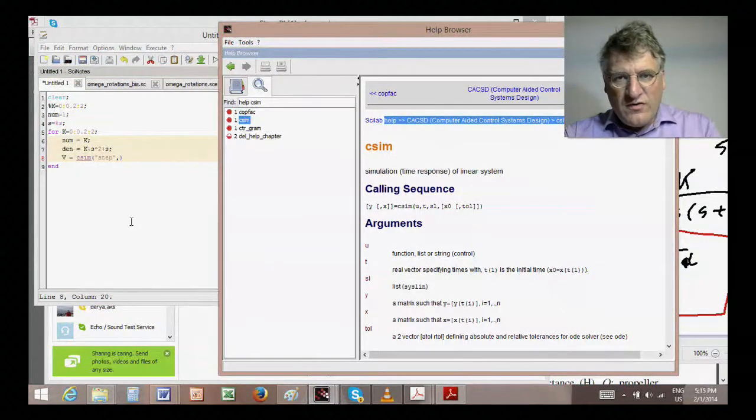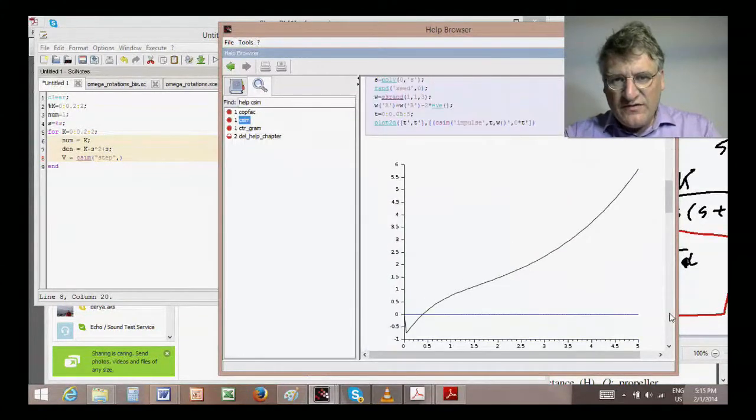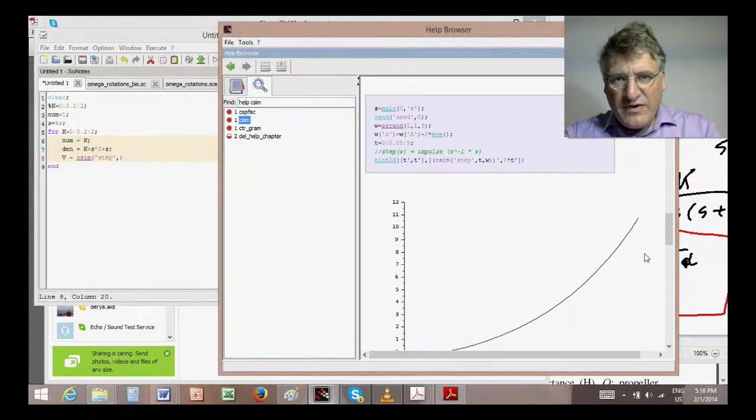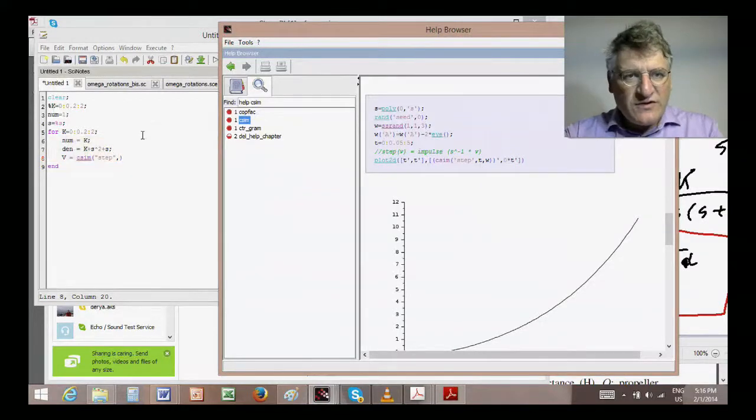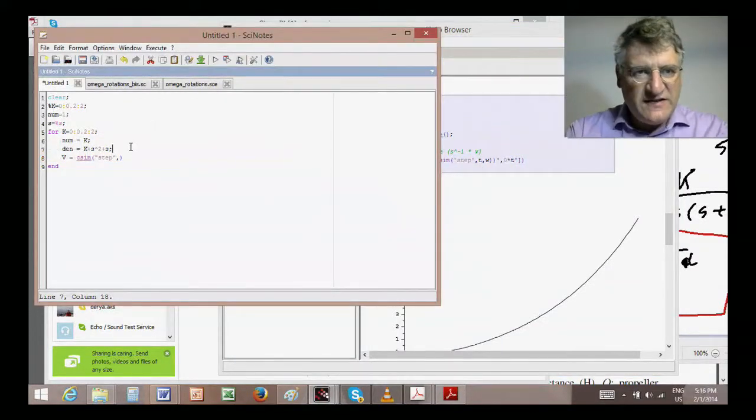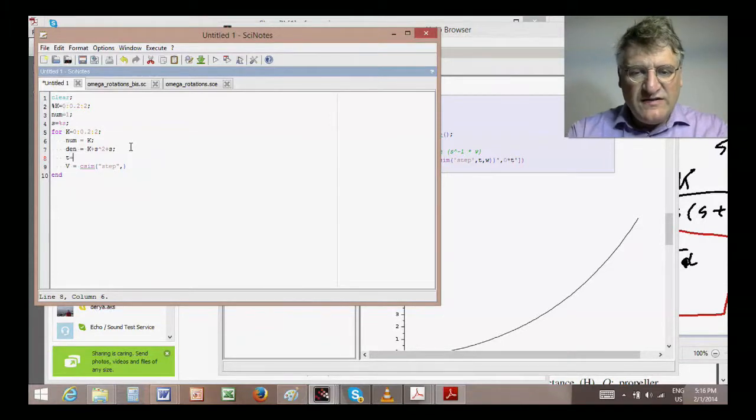So the syntax for the step is here. System of step over a certain time t. We have to specify t. T is equal to 0.05, and we're going to simulate over 10 seconds.